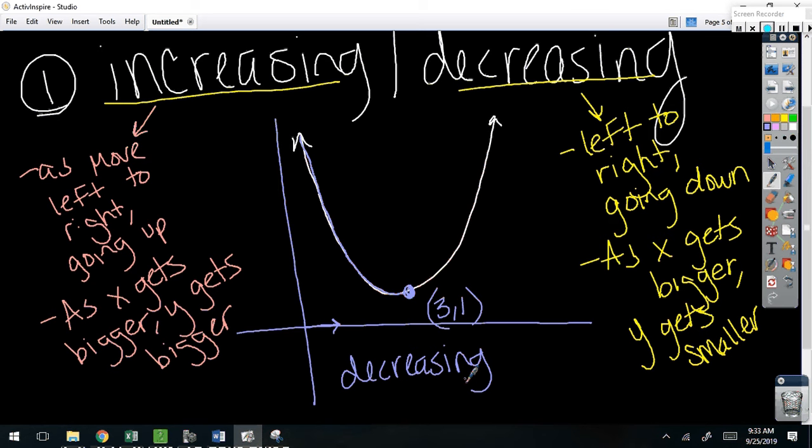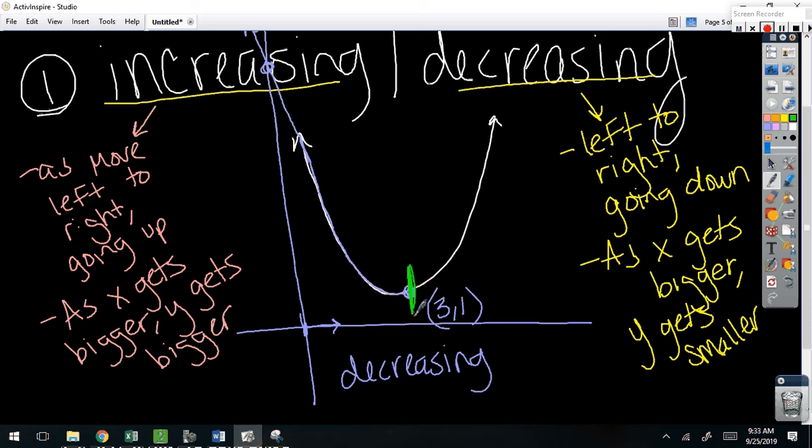What are the values of x for which I am decreasing? When x is 0, is this function still decreasing? When it crosses that x, is it still decreasing there? Look at the picture. When does this function stop decreasing? At 3, 1, it stops decreasing.